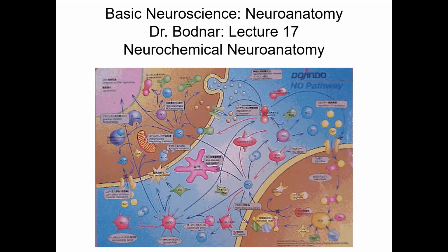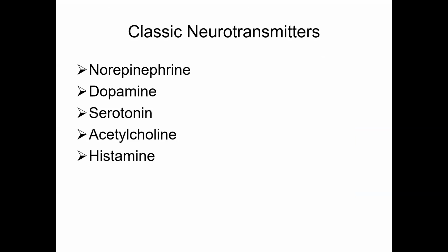So a whole bunch of shifts started to happen in the 1950s. And of course, in the early 1960s, a series of techniques came into play that allowed us to visualize neurochemicals in the brain and how those neurochemicals are modulating activity in brain areas.